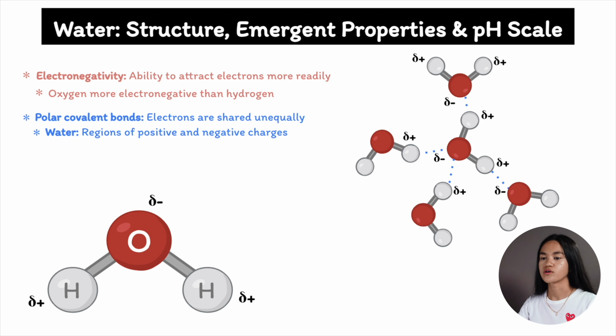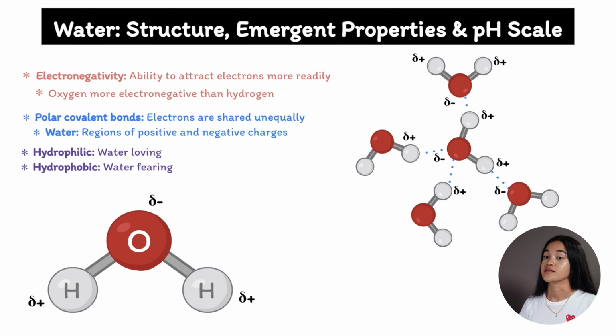And we can even organize molecules, or different regions of the same molecules, into two types, depending on how they interact with water. There's hydrophilic, or water-loving, and hydrophobic, water-fearing. They're scared of water. Hydrophilic compounds are polar, which is why they dissolve readily in water, whereas hydrophobic compounds are non-polar, which means they don't have areas of positive or negative charges.